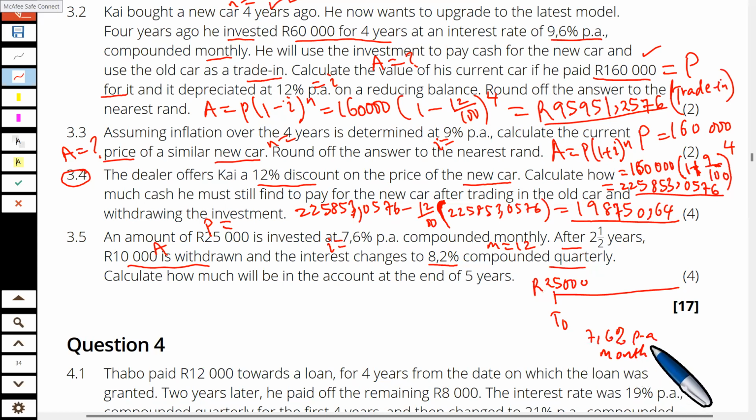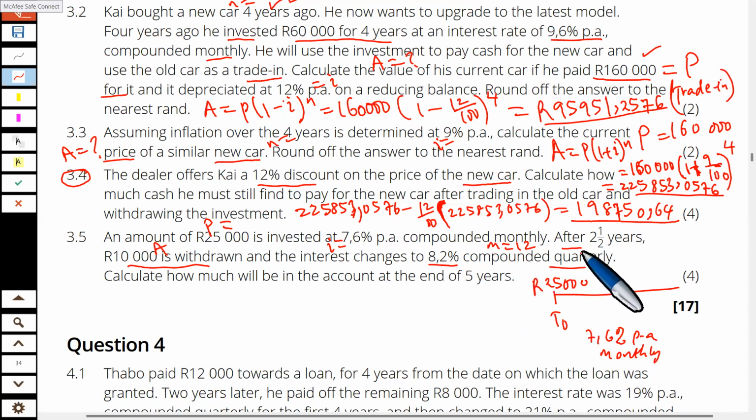So you can write all that kind of information under the timeline. After 2.5 years, 10,000 is withdrawn. So now, remember, this is compounded monthly. So now you need to look at the period and say, after 2.5 years, this one is withdrawn and the interest rate changes to this, compounded quarterly.